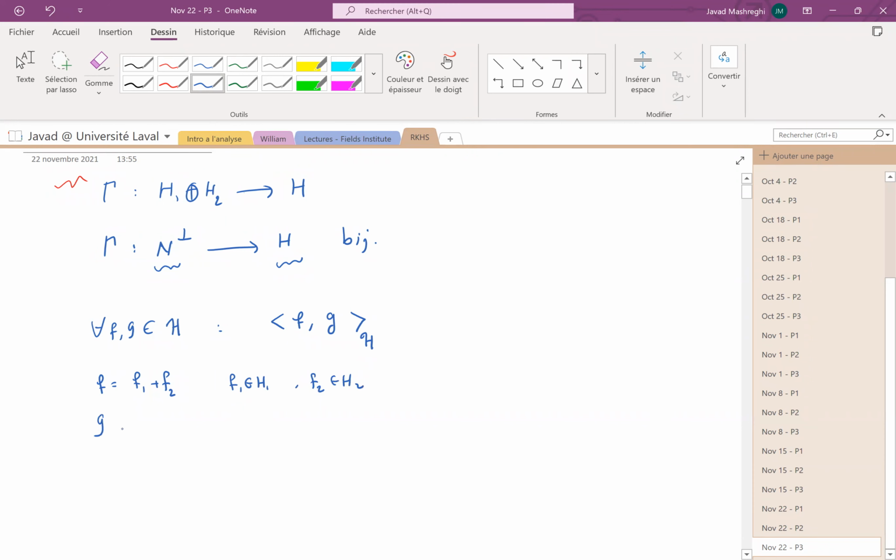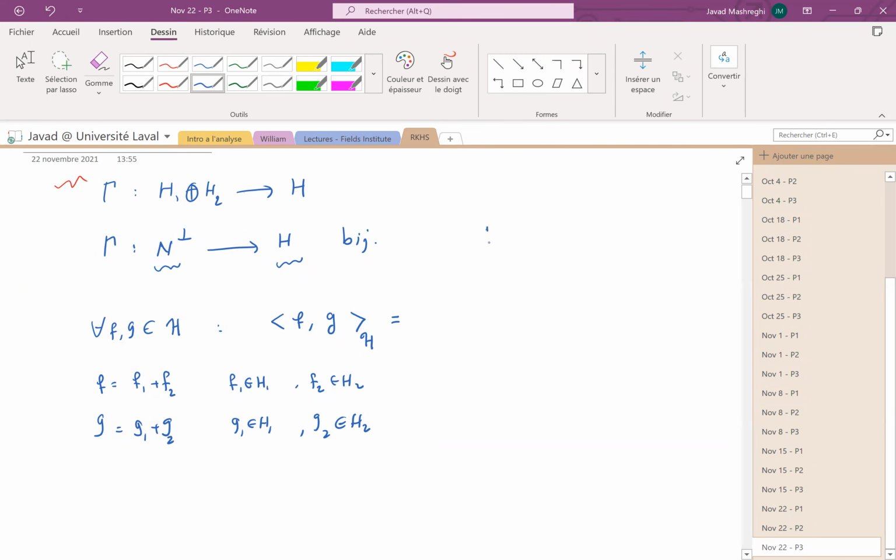The same for G: G1 is in H1 and G2 is in H2. We would usually like to write this as the inner product of F1, G1 and F2, G2, but due to non-uniqueness, we cannot do this here. But now we can do the projection.